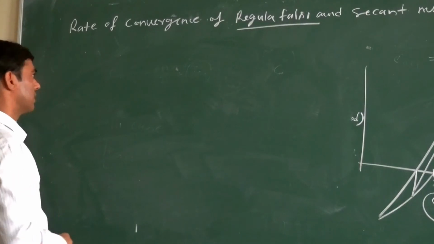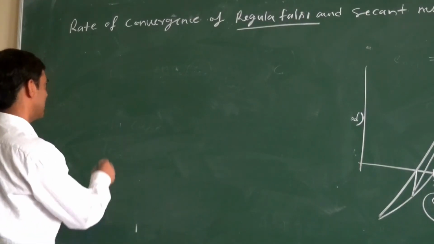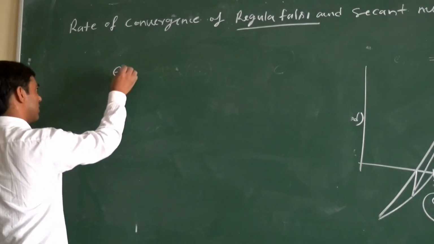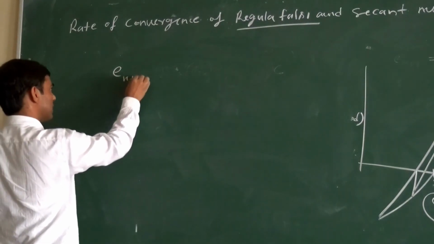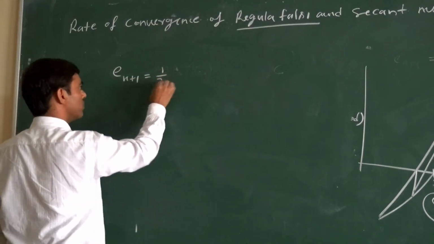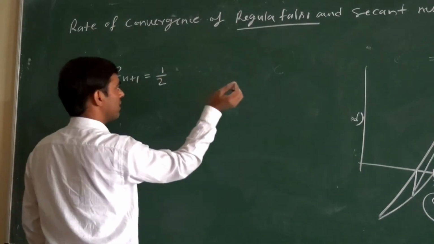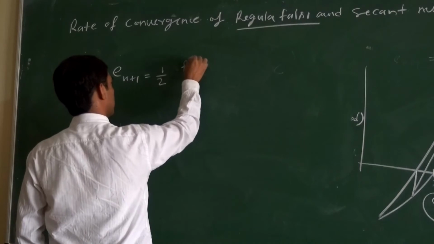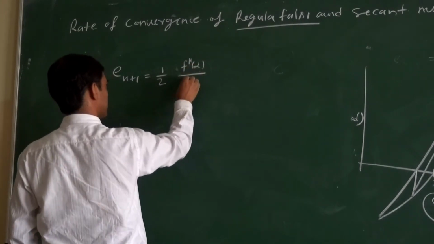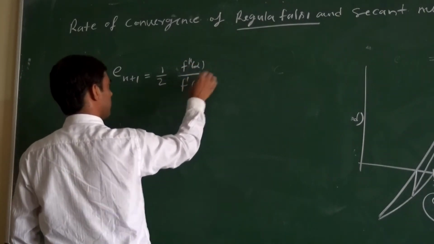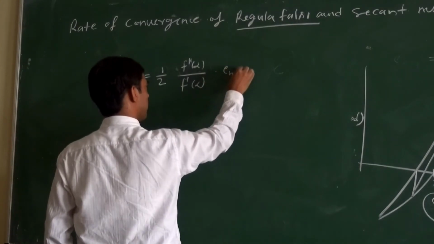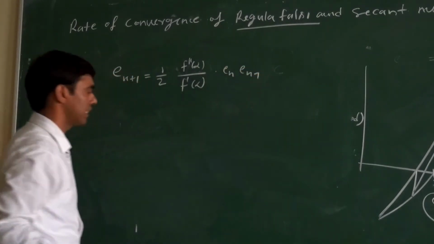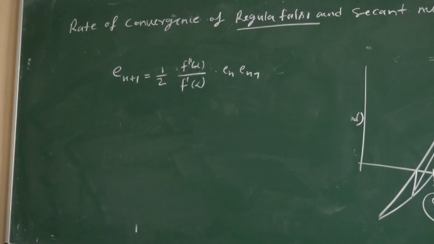Once again we write the expression we derived: En plus 1 equals 1/2 f''(alpha) upon f'(alpha) into En minus 1. This is the expression we have derived from the iterative scheme of the secant method.